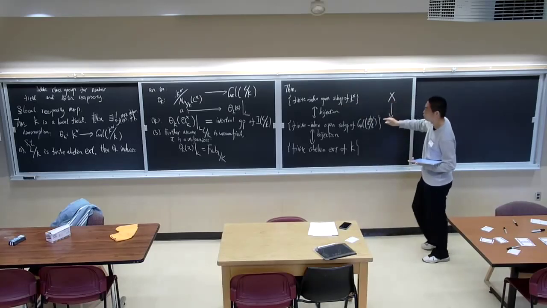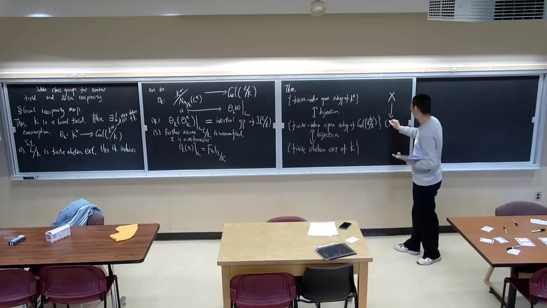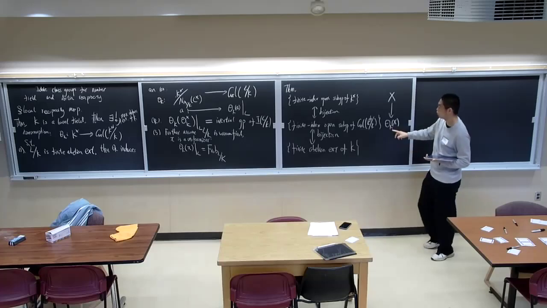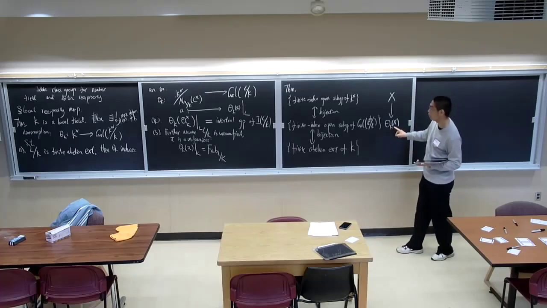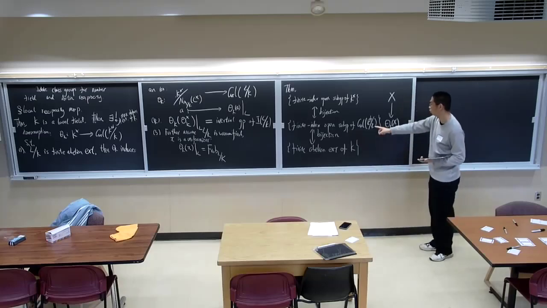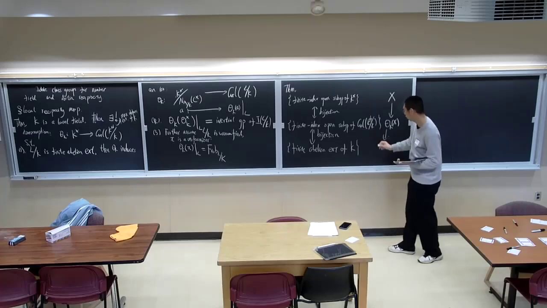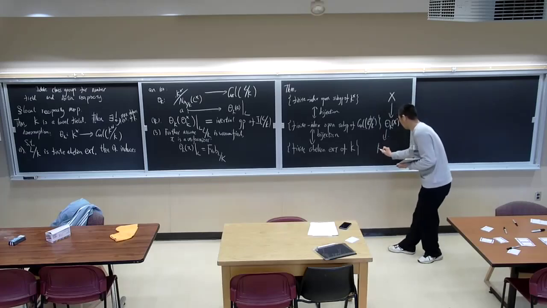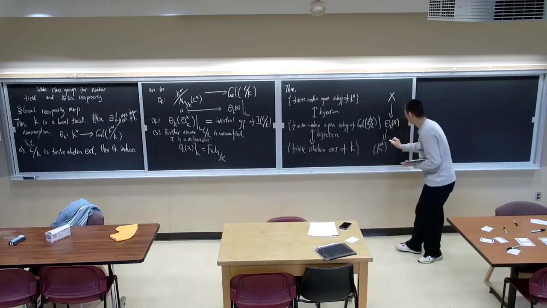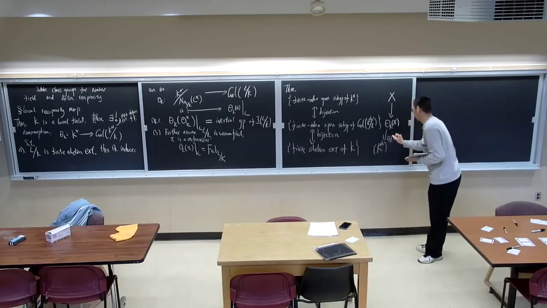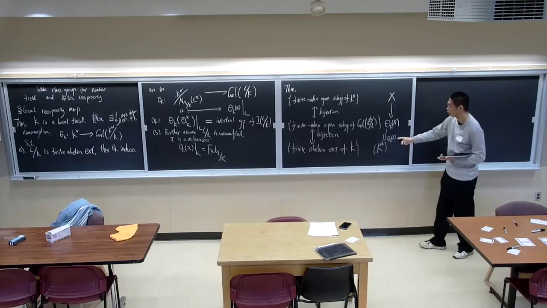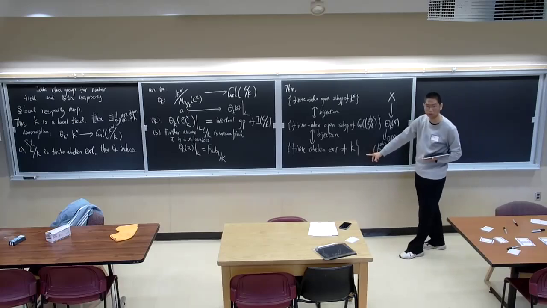Then you use this local reciprocity map theta_K, you get a finite index open subgroup of this Galois group, and then you take the fixed field. Then you get a finite abelian extension of K.